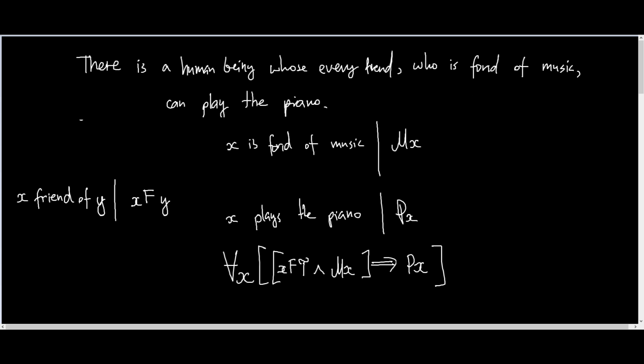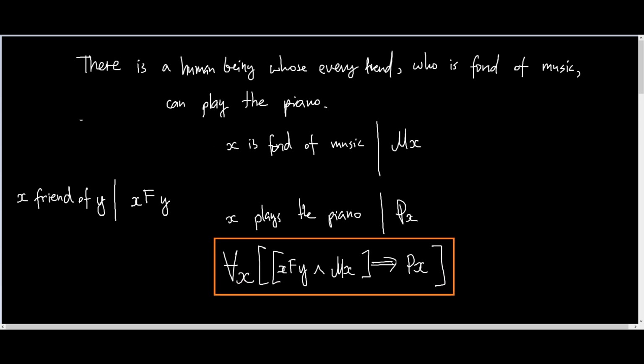If I take this formula I got here and replace the t, the constant t, with y, what will I be saying? Then I will be saying here that every friend of y that is fond of music can play the piano. So this whole thing will be expressing some property of a human being y.